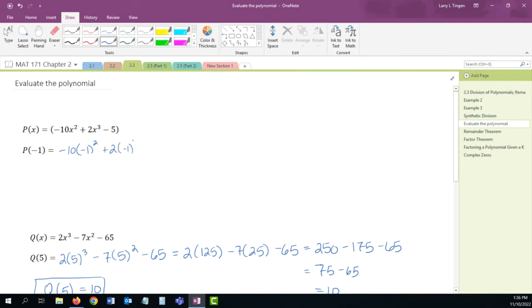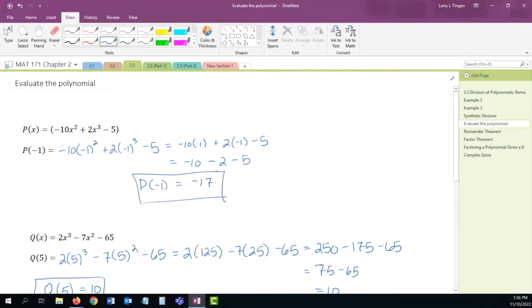You can if you want to, but it is not necessary. Powers first, so -1 squared is 1, -10 times 1 is -10, -1 cubed is -1, 2 times -1 is -2, minus 5 more. -10 minus 2 minus 5 more is -17.